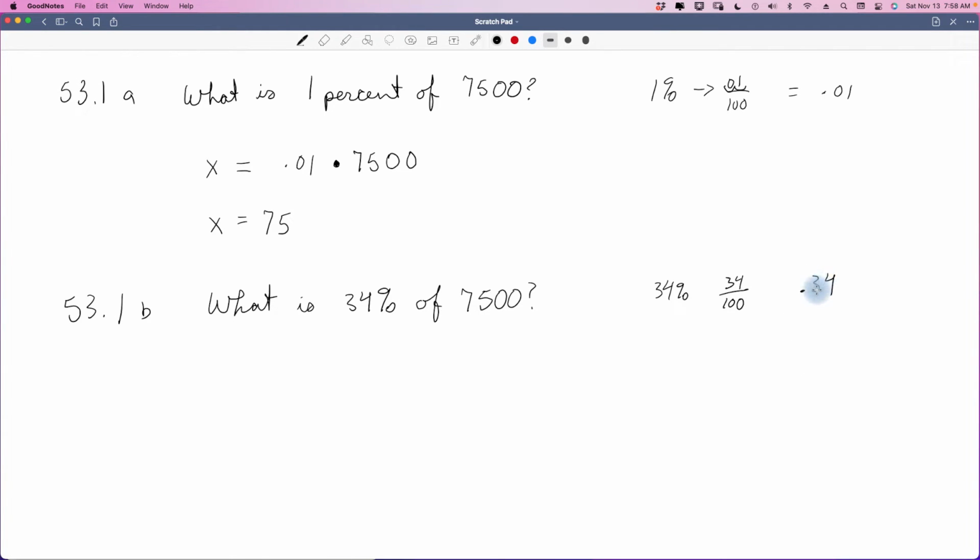So that's our decimal. What is our variable? Is our equal sign. 34%, we're going to use the decimal because it's easier to multiply. And let's just use parentheses this time, 7,500, because it means the same thing as the dot.